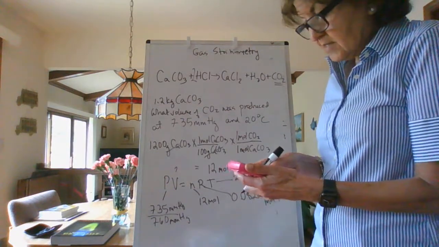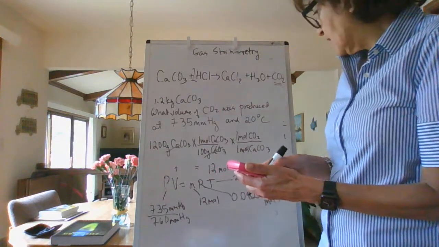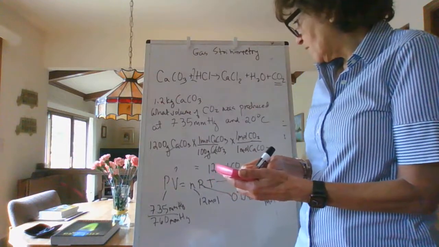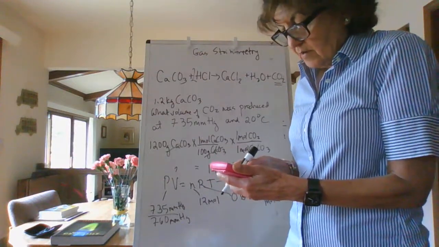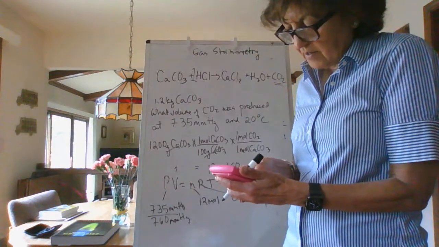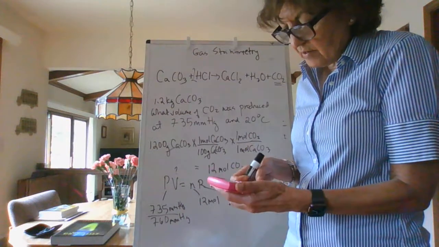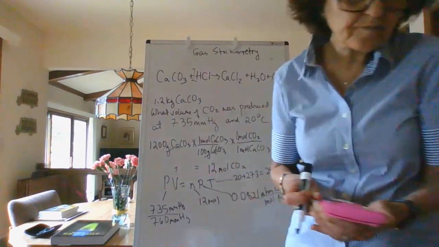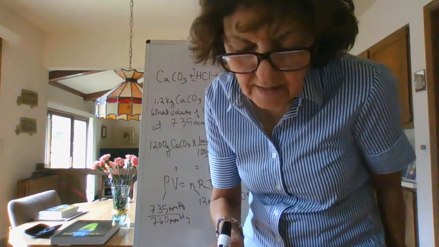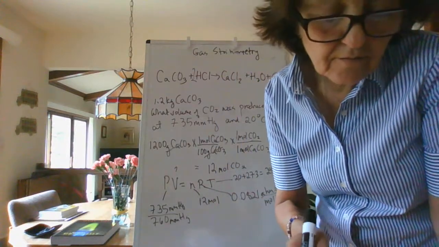12 times 0.0821 times 293, okay, divided by, I'm going to open parentheses, 735 divided by 760, close parentheses, equals, and I have 298 liters.